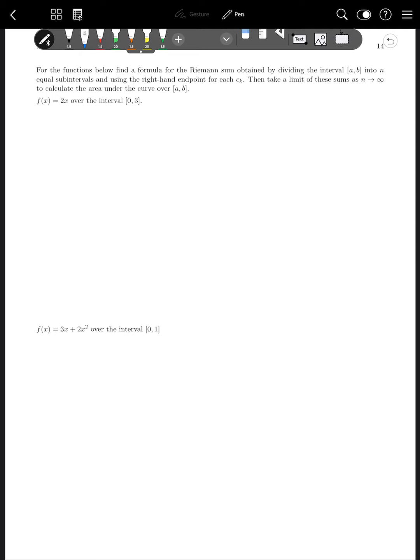Okay, so now that you've all had a chance to try these two, let's go ahead and work through them together. So once again, we start out with S of P equals the sum from k equals 1 to n of f of a plus k times b minus a over n, times b minus a over n, and we plug in our values for this.